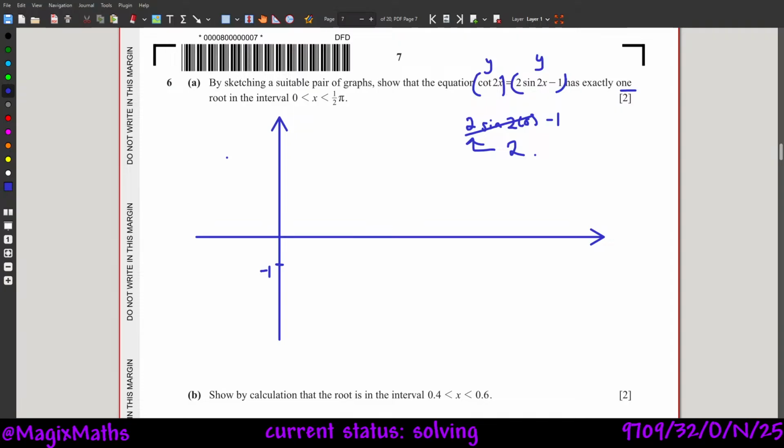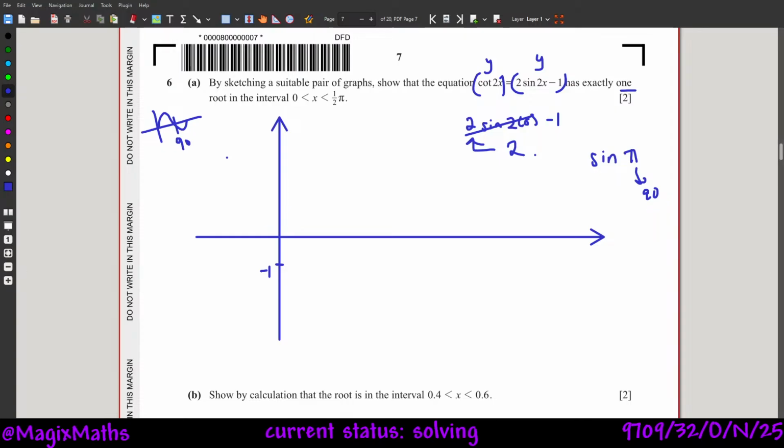So 2x, until half of pi, x is equal to half of pi, which means our final value is sine pi. Pi is 90 degrees. So you can sketch a little graph here showing the original sine graph, and this is 90.